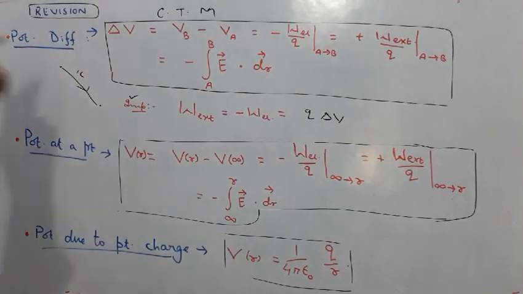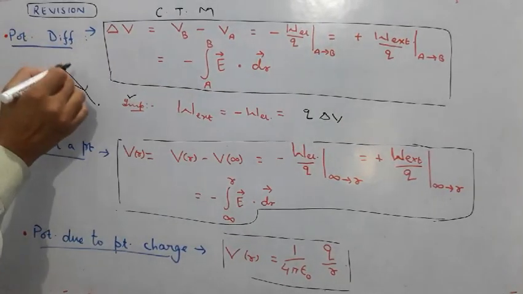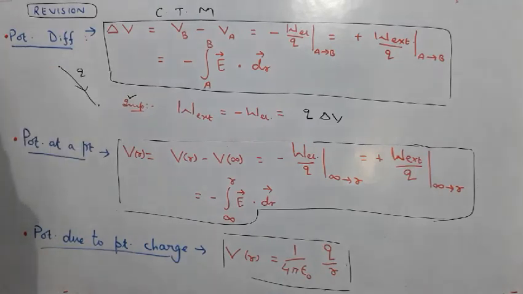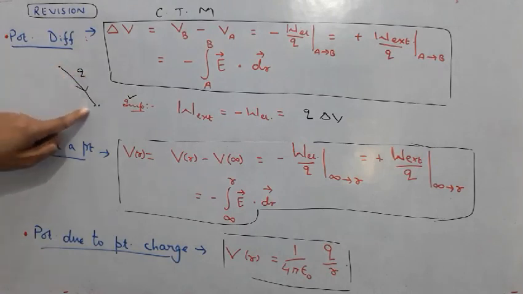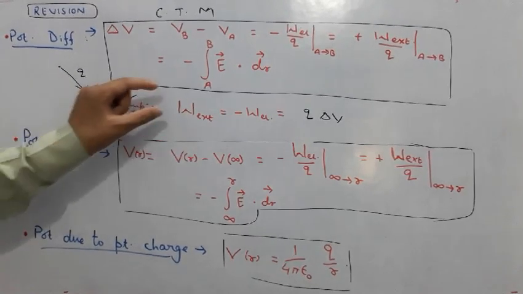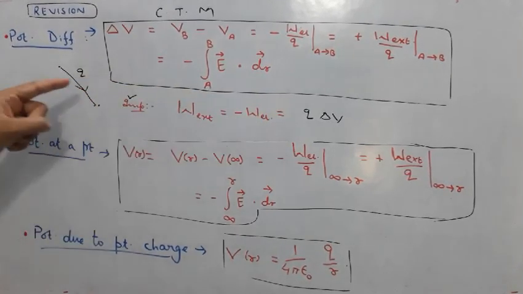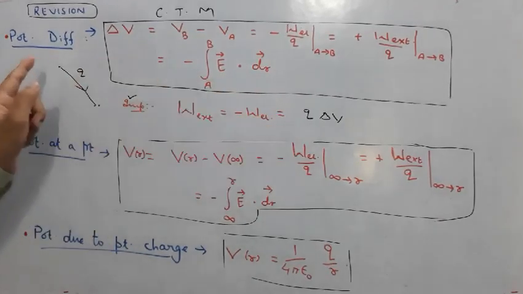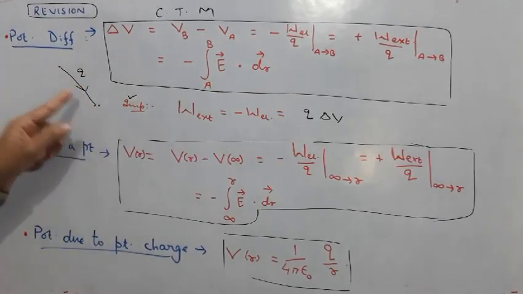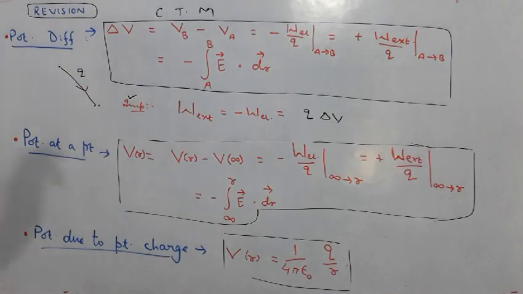What does that mean? That instead of 1 coulomb, if I bring charge Q from one point to the other point, then in bringing this charge Q, I have to do some work. That work is W external. So that work will be equal to the product of this charge Q and the potential difference delta V between these 2 points. So always remember this.